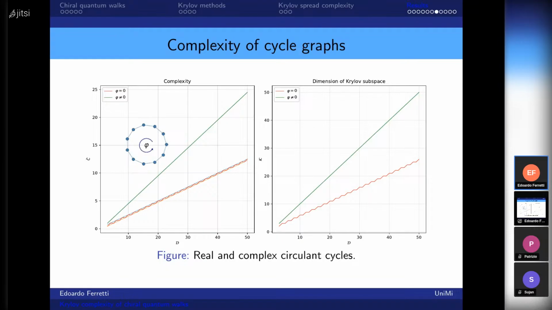And this constrains the dynamics, while the effect of phases is basically to break the degeneracy of the spectrum.